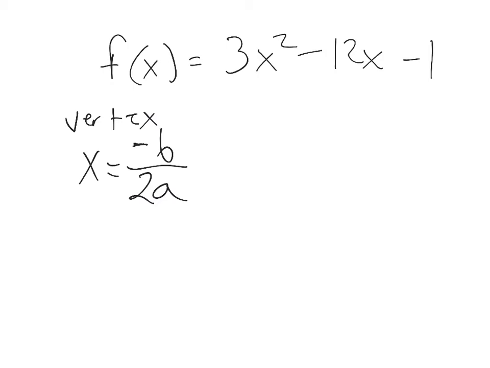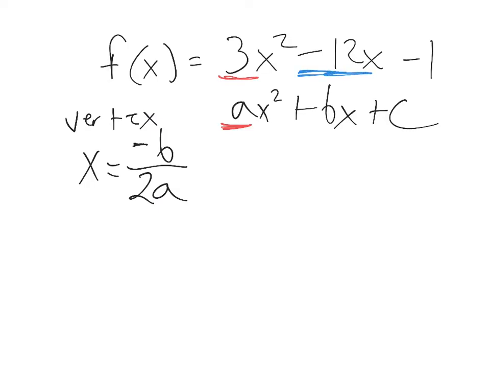And so my vertex, in that case, is saying a, because remember, standard form is ax squared plus bx plus c. So that means my a is 3 and my b is negative 12. I include the sign when I'm doing that, okay?